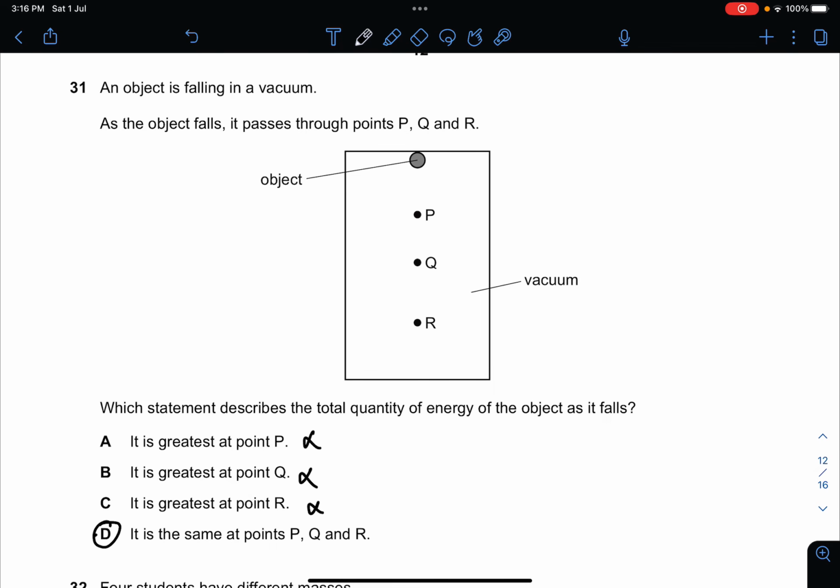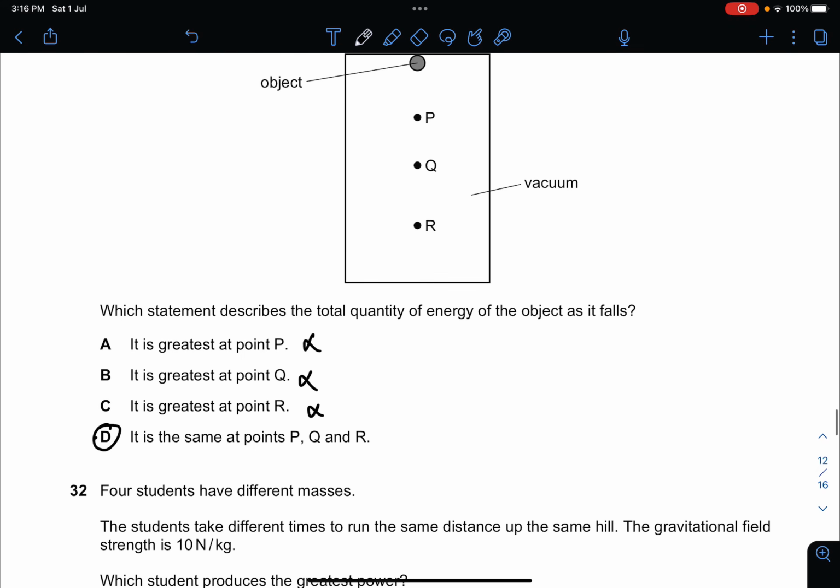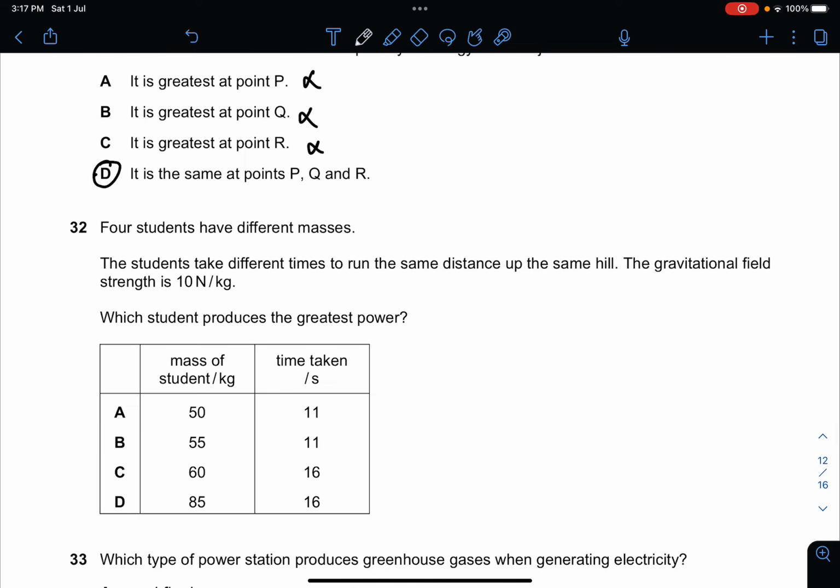Because energy cannot be created or destroyed, it remains the same as it falls, but the energy can be transferred. So the quantity remains the same all the time. Only when it reaches the floor will the quantity of energy change, because heat energy and so on will be dissipated.